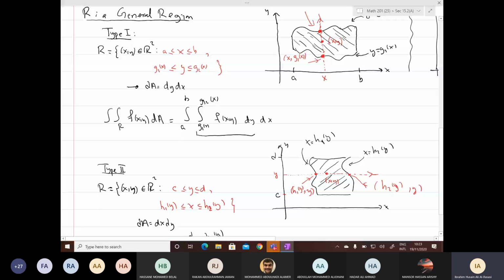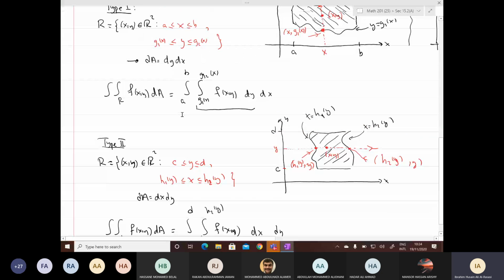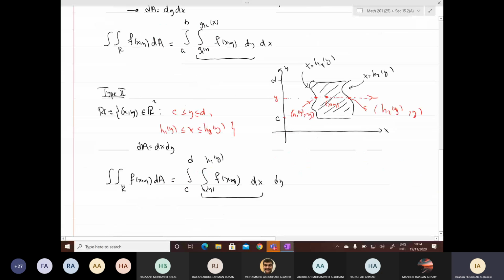One observation you have to keep in your mind. It will make life easy later on. Notice the outer limits in type 1 or type 2. The outer limits are numbers: from A to B in type 1, and from C to D in type 2. The inner limits could be numbers or functions, but the outer are always numbers. Which numbers are they?